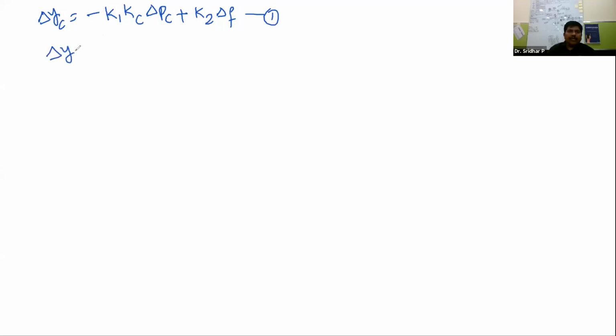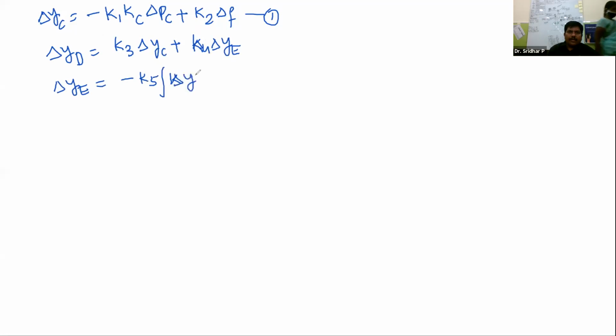Next, delta yd equals k3 into delta yc plus k4 into delta ye. Next, delta ye equals minus k5 integration over delta yd into dt. So this is your equation number 1, equation number 2, equation number 3.